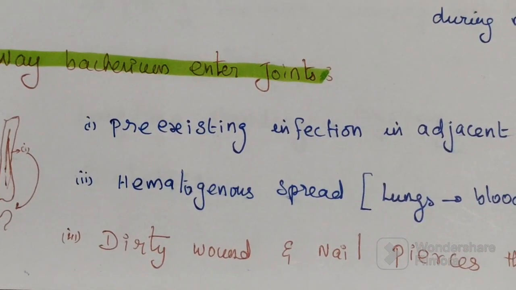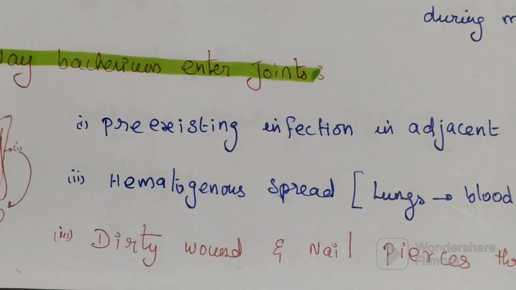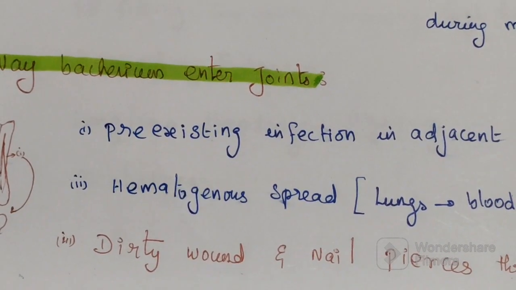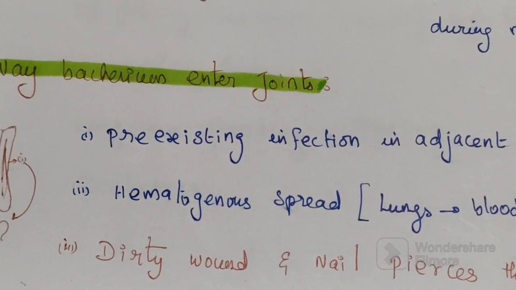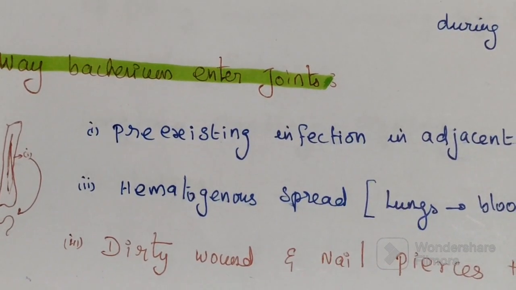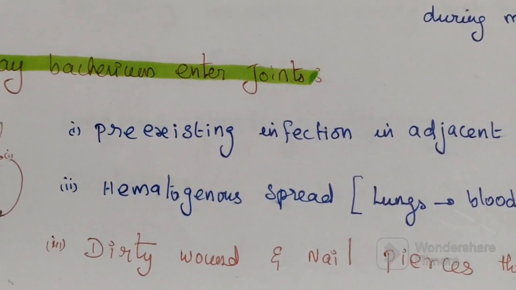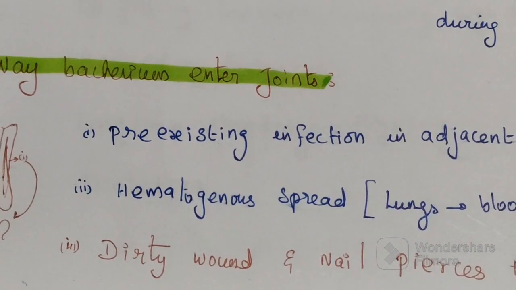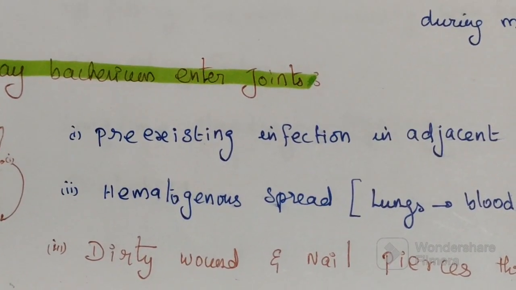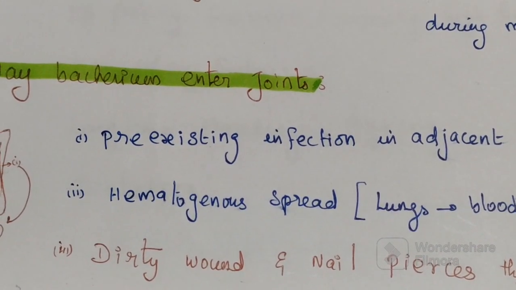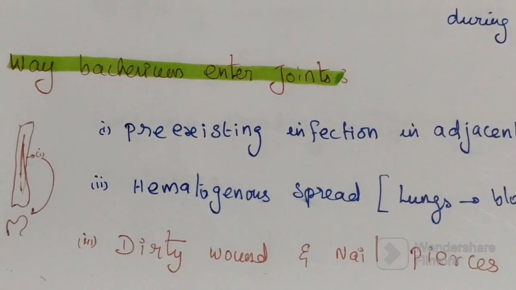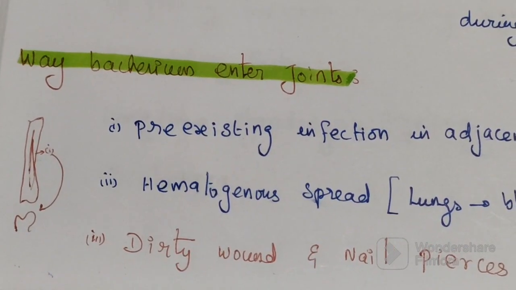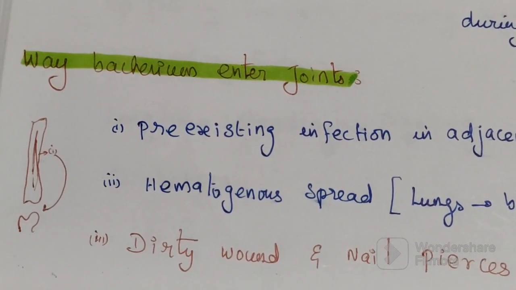Now, there are various ways that bacteria can get into our joints. What are the ways? First, it can come from a pre-existing infection in adjacent tissue. Usually a bacterial infection in the bone can spread to the articular part of that bone, then make its way right to the joint.